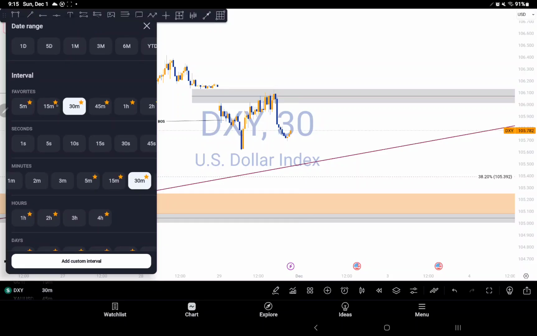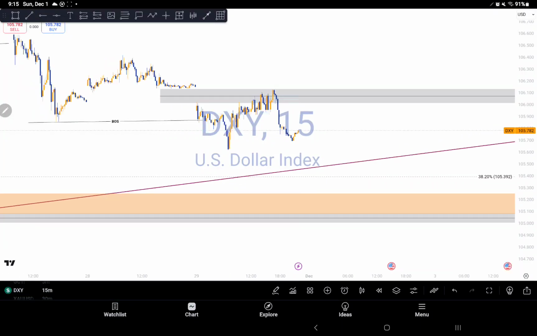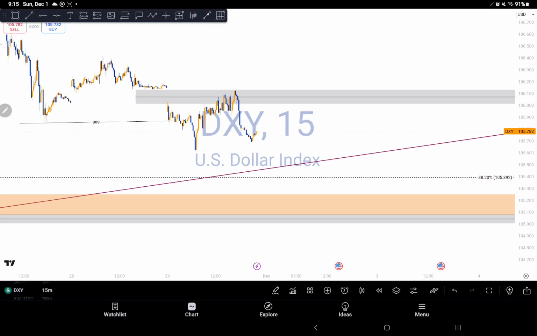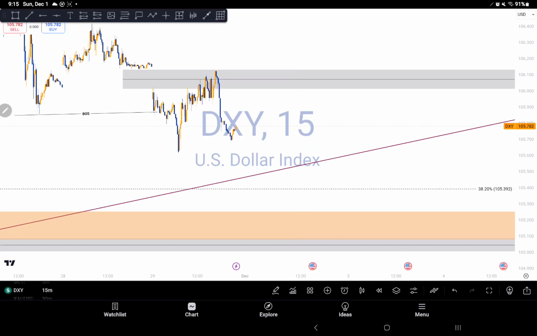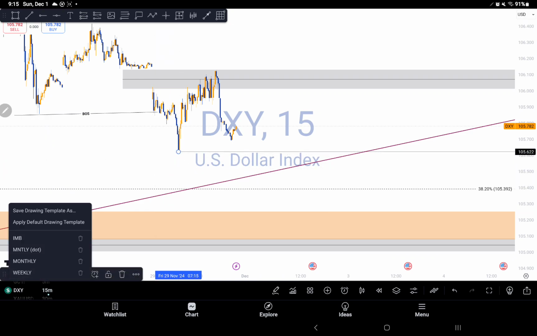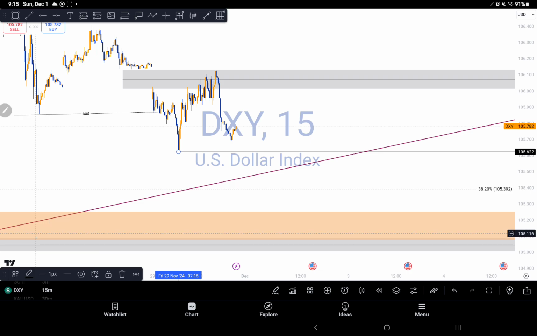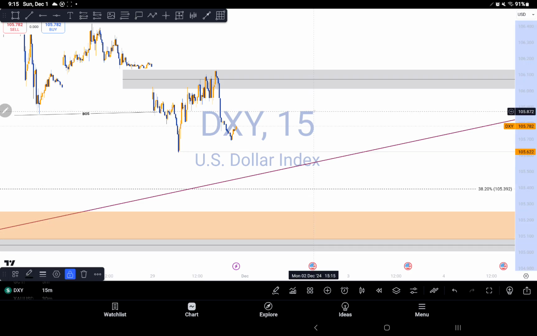Nothing to change. Let's see the 15-minute time frame. I think I'm just gonna leave that like that. So I think we should see, this is a low to target for right here.